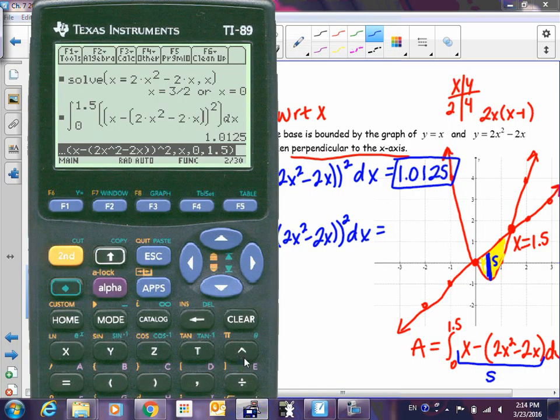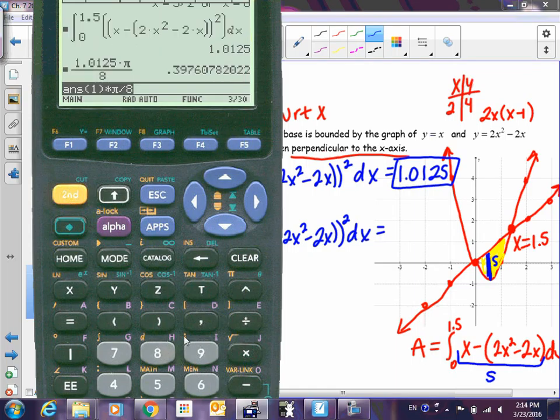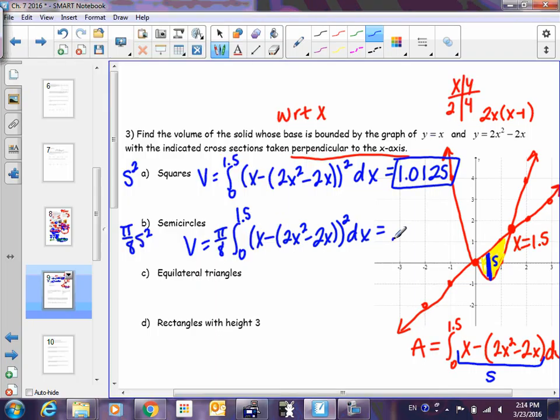Just go times pi, oops, I didn't hit the times hard enough. There we go. Times pi over 8. 0.398. You can retype all that in if you want. There's just no need.